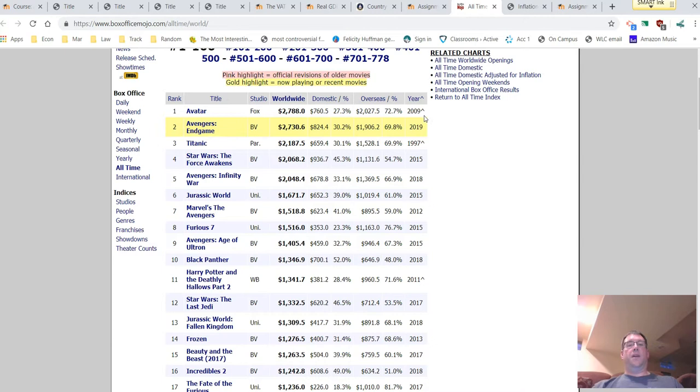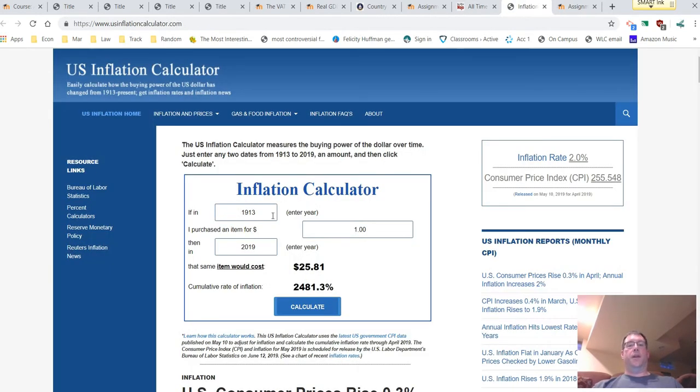So let's take Avatar, for instance. Avatar was released in 2009, 2.788 billion. And we're going to use an inflation calculator here, which does all the math for the inflation for us. So I've got the year 2009, the 2788 in billions. If that movie were released today, we'd be looking at 3.3 billion.